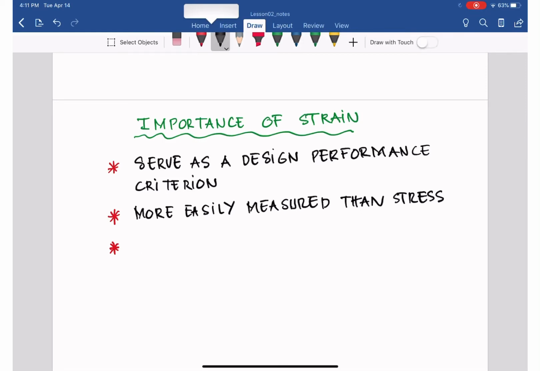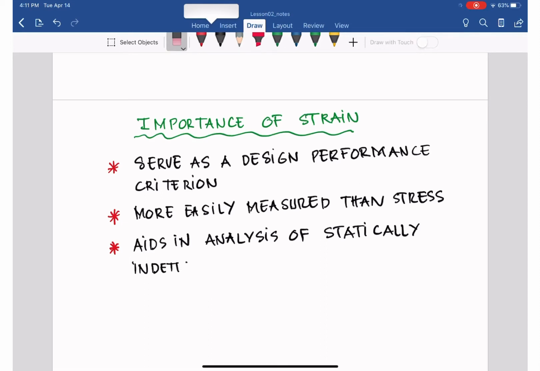It will be added in a future lecture: the analysis of statically indeterminate structure.